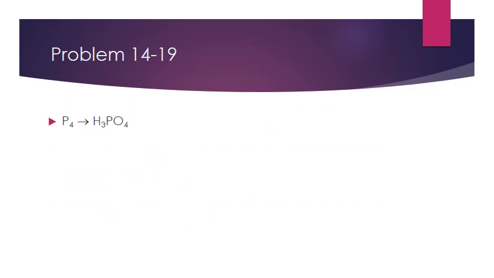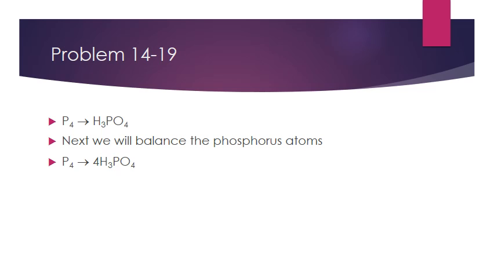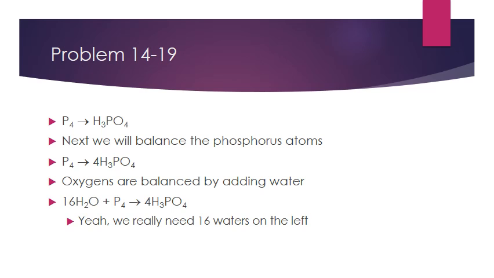Now let's move on to balancing. First we will balance the phosphorus atoms. There are 4 on the left and only 1 on the right, so we have to put a 4 coefficient in front of the phosphoric acid. We'll balance oxygens by adding water. We have 16 oxygens on the right hand side, which means we're going to have to add 16 waters on the left.